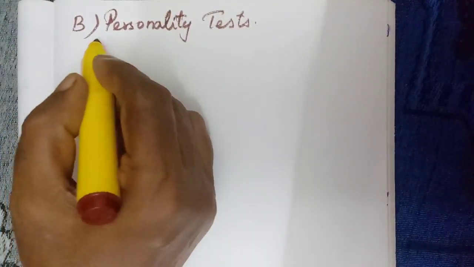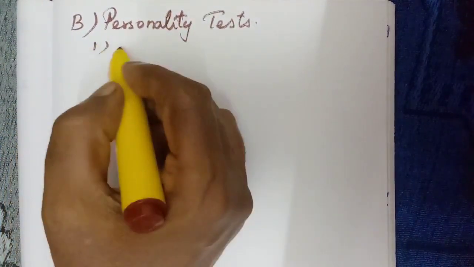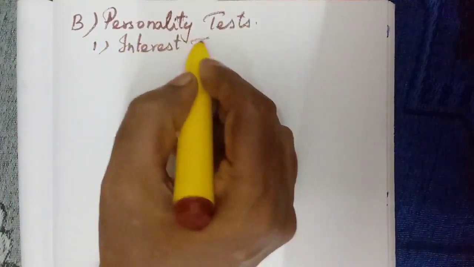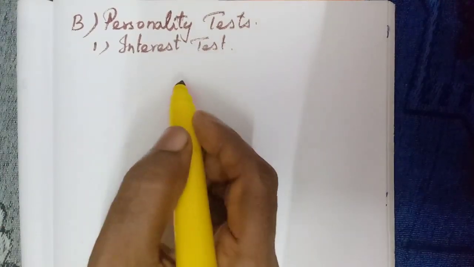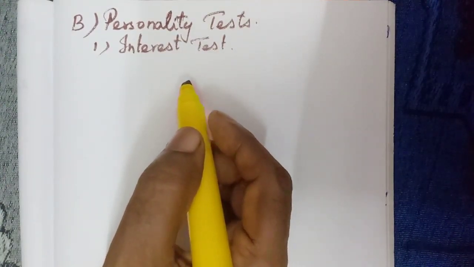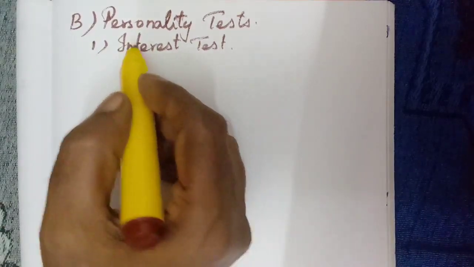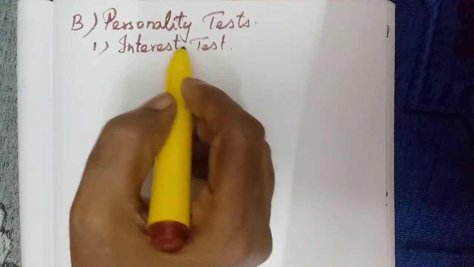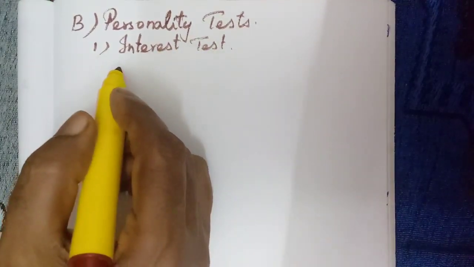So the first one is interest test. How much they are interested to work in a particular job. They will measure by asking some questions how much that candidate is interested to work in that organization.